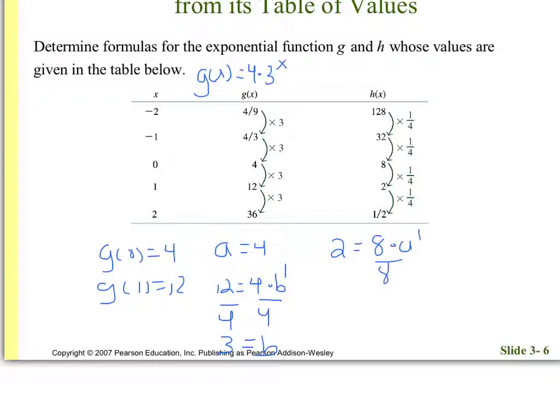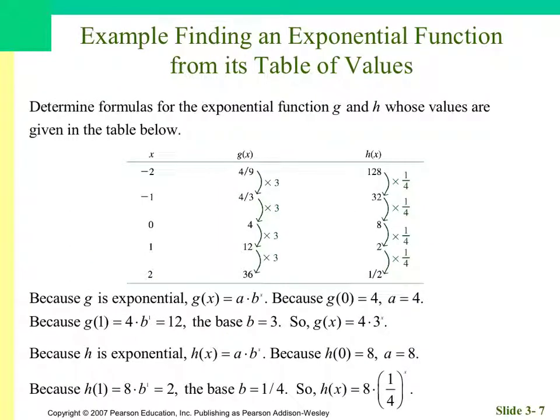Divide by 8, and you get b equals 1/4. So you get h of x equals 8 times 1/4 to the x. Okay? And this should have been a b, because we already found a. Alright. Yep, we got them right.